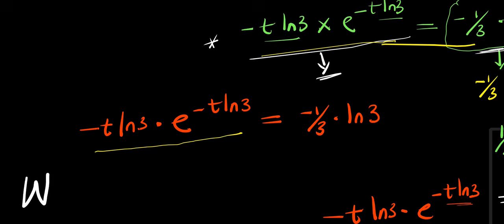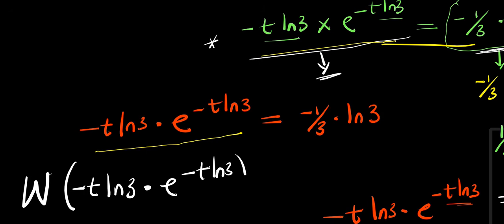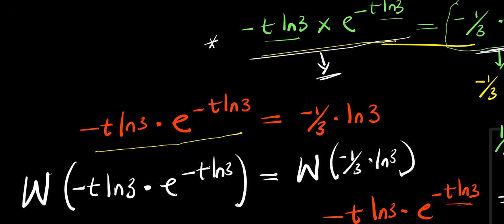So I can apply the Lambda-W function here of negative t times ln 3 times e power negative t times ln 3. And this equals the Lambda-W function of this, negative 1 over 3 times ln 3, right? This is times. Take note of that.